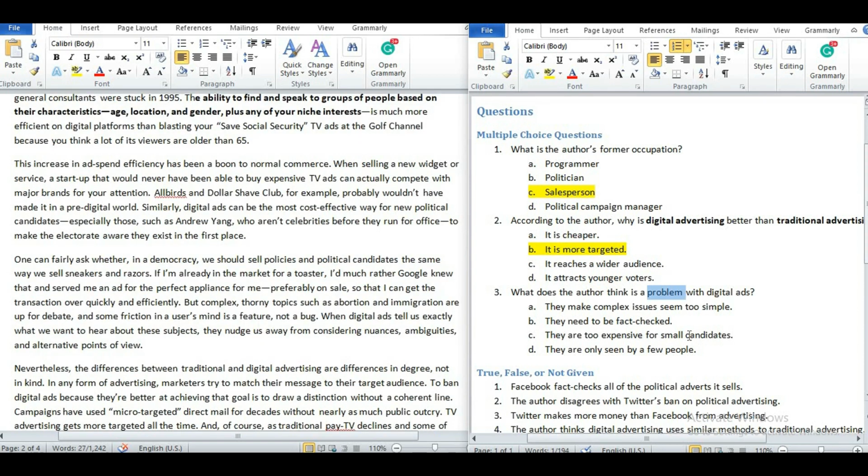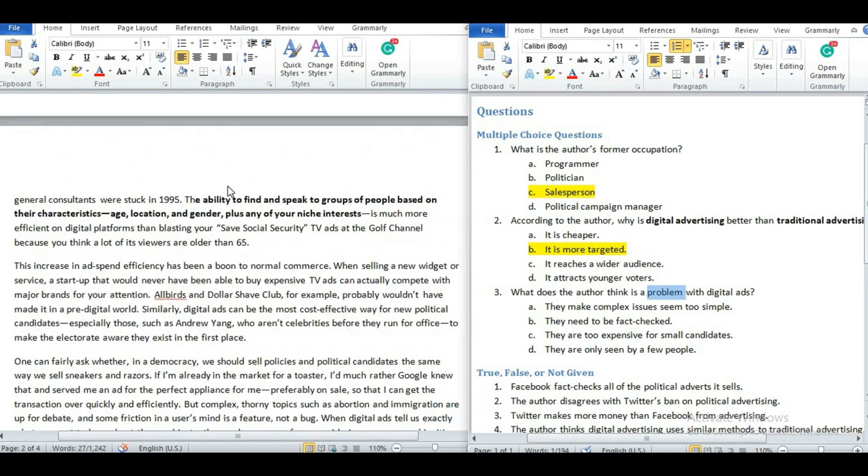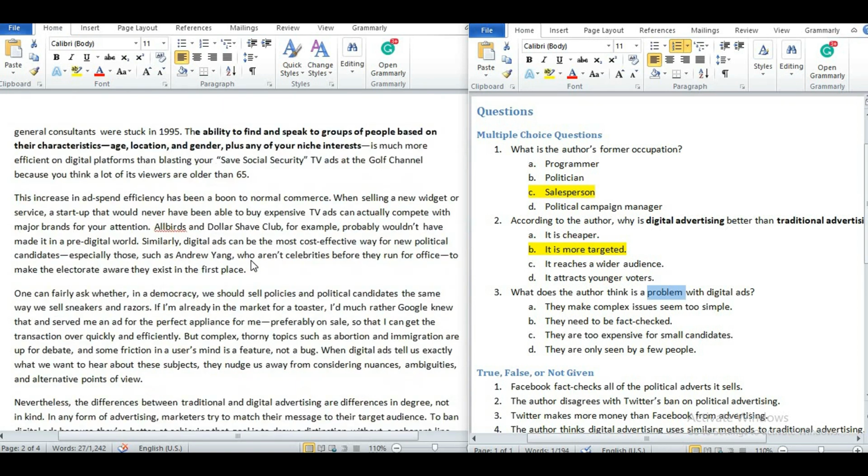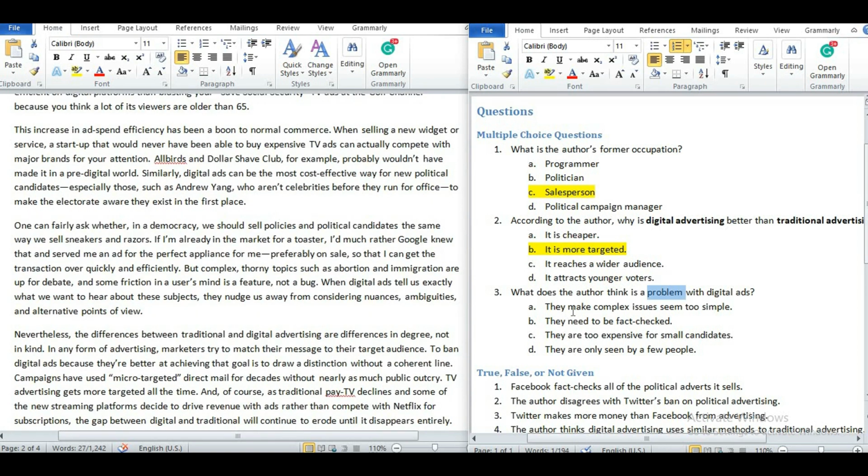They're allowing people to be able to afford things that they wouldn't normally be able to afford. Fact-checking, that's not really raised here, although it appears in other parts of the text. And they're only seen by a few people? No. Well, as we saw in the paragraph we examined above, actually you can reach lots of people very effectively.